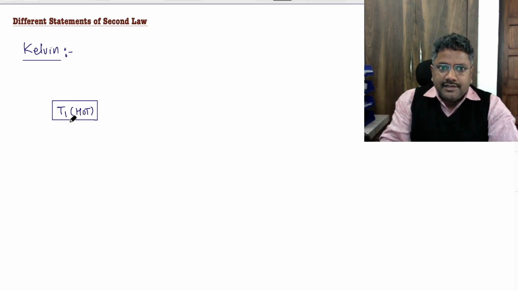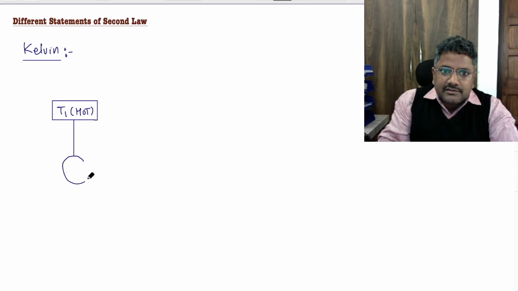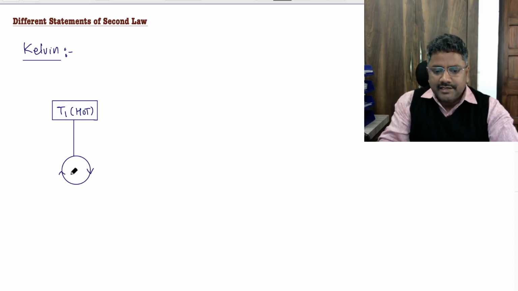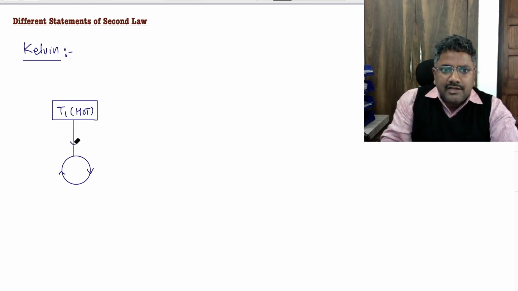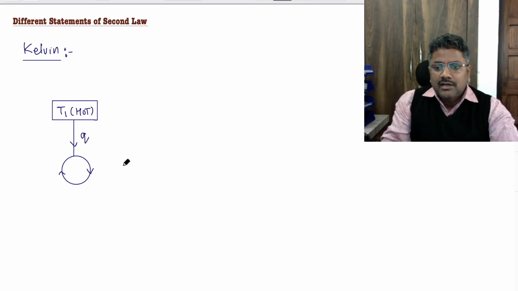So see, suppose that some heat is withdrawn from this hot reservoir, and in a cyclic system we are doing work over the surrounding in a cyclic manner. So whatever heat Q we are taking from this hot reservoir, we are doing the work minus W on the surrounding.